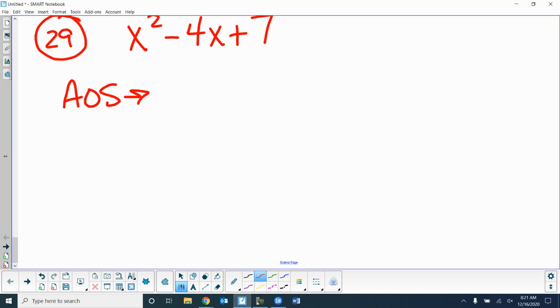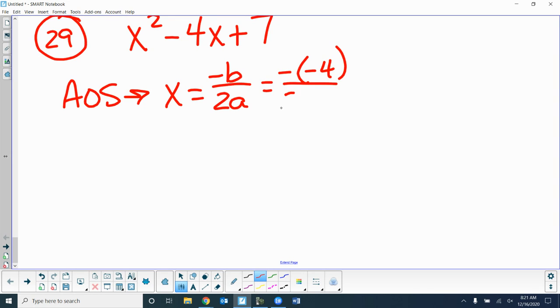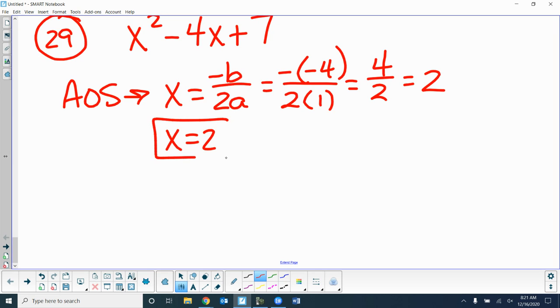And that's this little formula. Okay, negative b over 2a. So this would be negative, and b is negative 4 over 2 times 1, which is a positive 4 divided by 2, which would be 2. So x equals 2 is one answer.